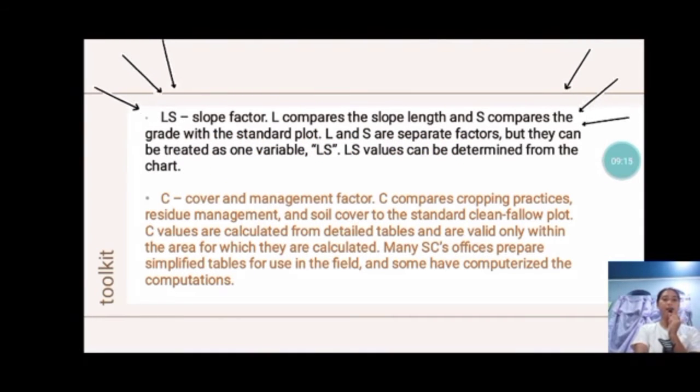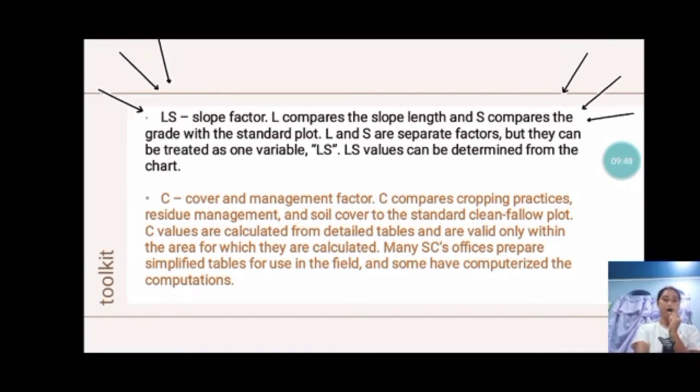Next will be LS, slope factor. L compares the slope length and S compares the grade with the standard plot. L and S are separate factors, but they can also be treated as one variable. LS values can be determined from a chart.